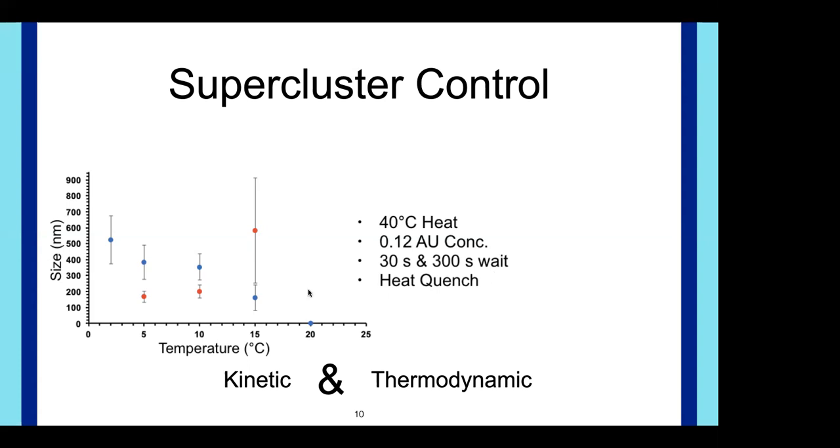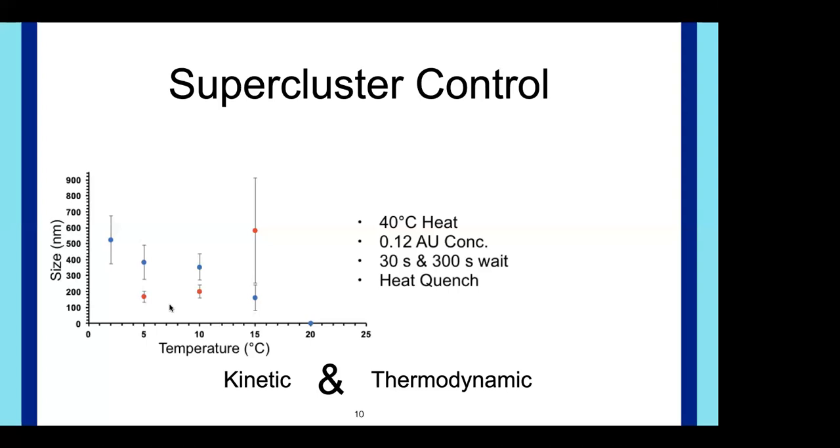So we can access both kinetic and thermodynamic control within the same exact solution just by changing the amount of time waited at those certain temperatures, which just follows the normal behavior of a monomer and agglomeration two-phase system that we would think of.